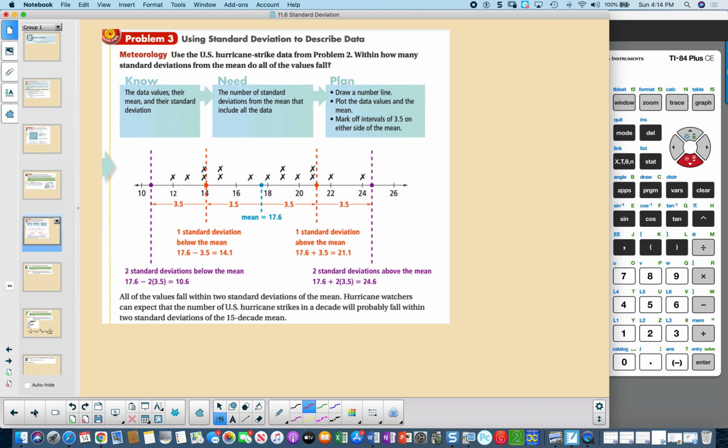So if you go over 3.5, you can see how many hurricane strikes we had between the mean and the first deviation, and then the second deviation we had more. So you can see this, the standard deviation is really showing you how far the data is spreading out from the mean. So in conclusion, the data will fall within 2 standard deviations of the mean, which is 17.6.